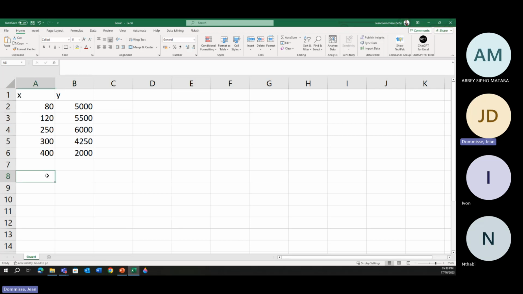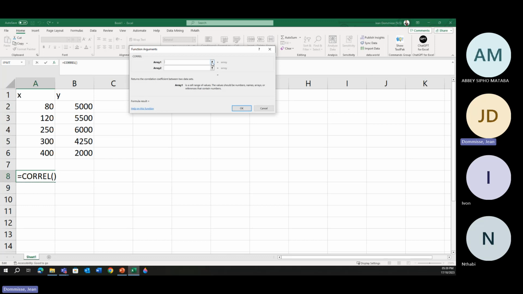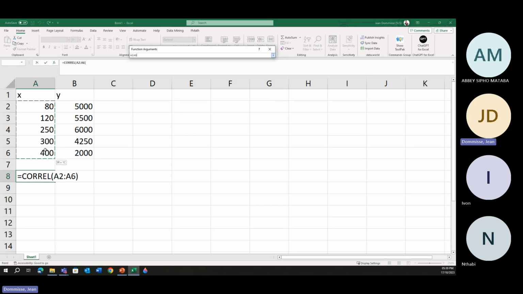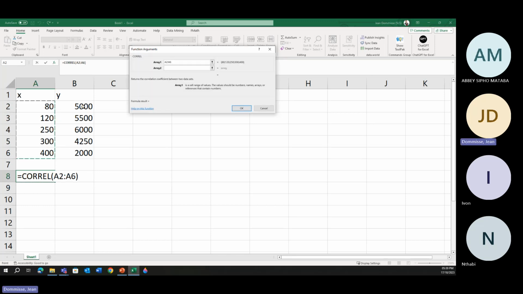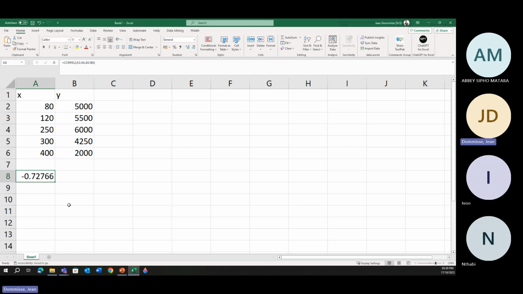Then I just want to work out what the correlation is. In Excel, there is a nice correlation function, which just asks you to put in the two fields, and then it will work out the correlation for you.